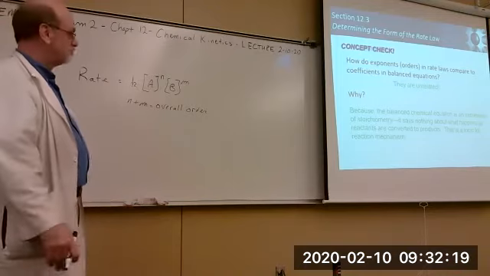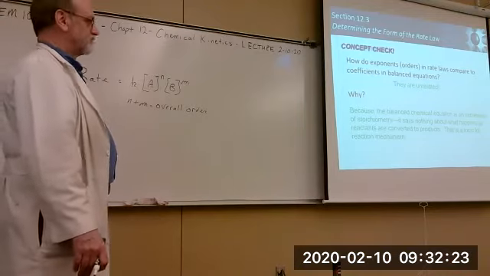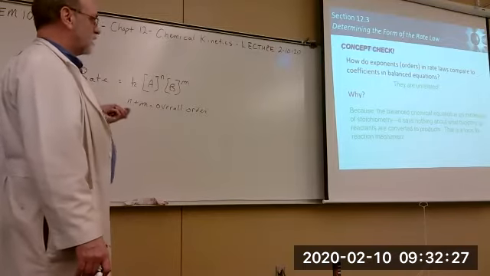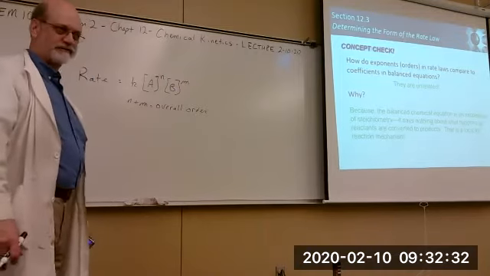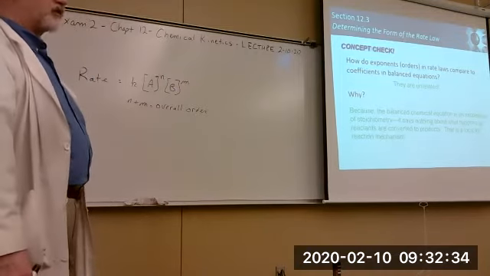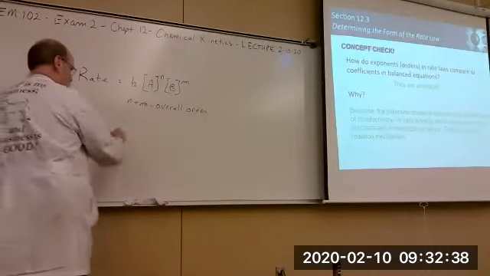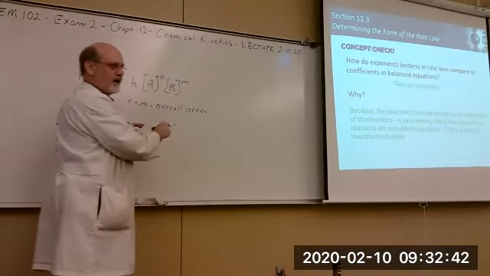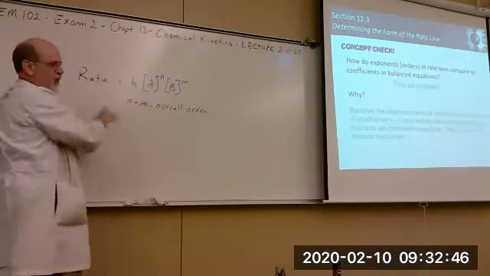So the order won't affect our rate answer? The orders, no, the orders are integral to the rate. The coefficients have no bearing on the order. That's the point I'm trying to hammer home here, so that you don't write a balanced equation and think that you can take the coefficients. No, they have no relationship at all.